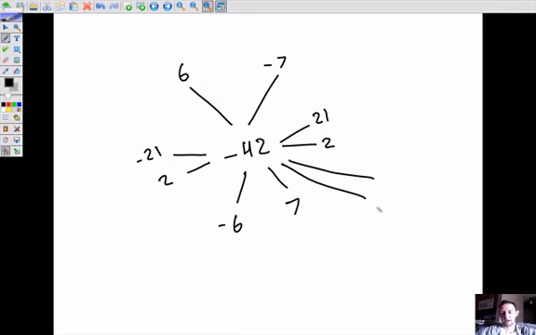It could be 3, or negative 3 and 14, or the other way around, it could be negative 14, 3. So this one I have a ton of different options.